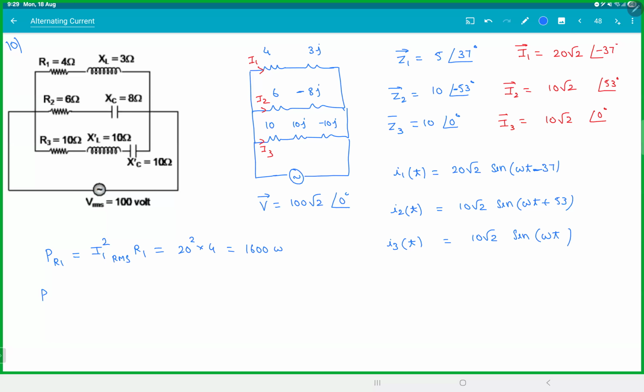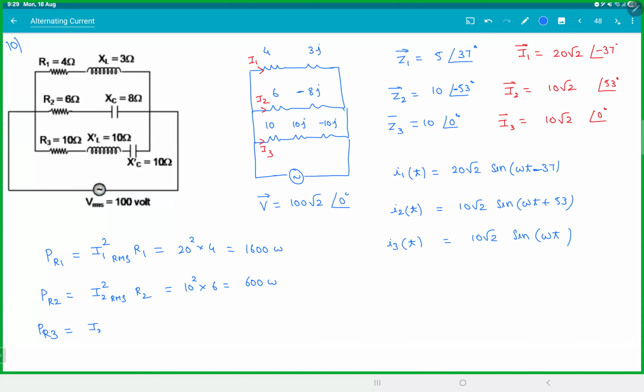Please ask me if you're confused. I'm skipping a lot of steps, I'm not writing each and every simplified term. This is I2 RMS squared into R2. So if you want the power in a particular resistance, just take IRMS squared in that resistance into R, that will give you the answer. Then what is I2 RMS? 10 root 2, so 10 squared, and the resistance is 6 ohms. 600 watts.